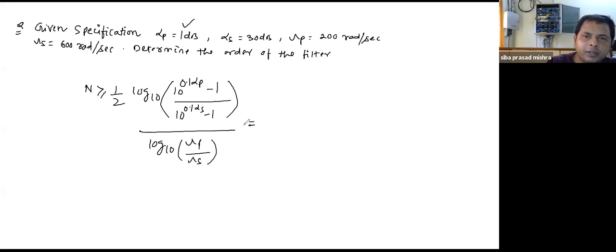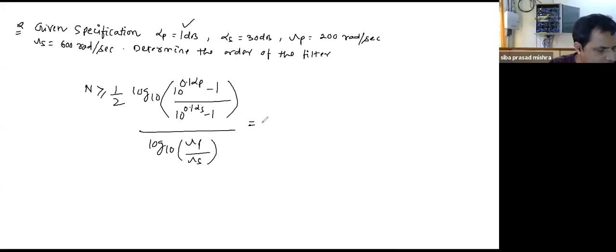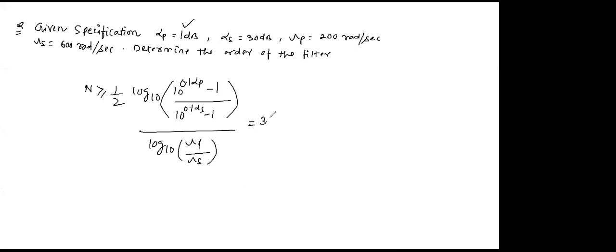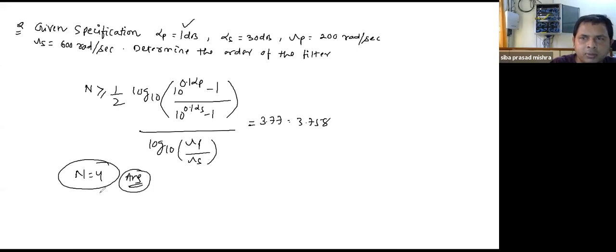The value of n, anyone? Four, sir. 4. What is the exact value? 3.77. Okay, good. Here it's showing 3.758, no problem; either is correct. So it is 3 point something, so always take the next integer value: n equals 4. This is the answer. Clear?